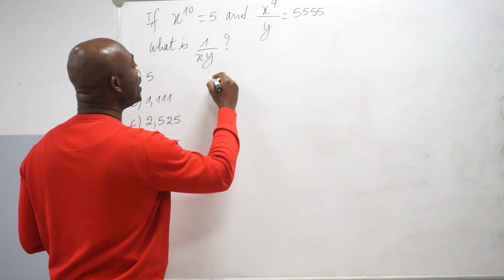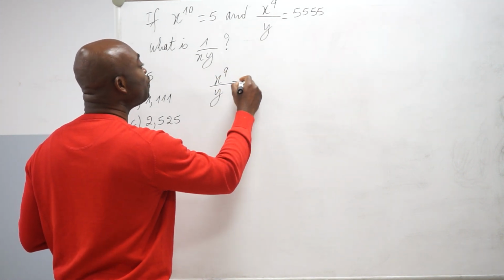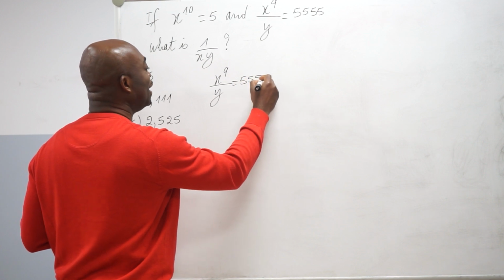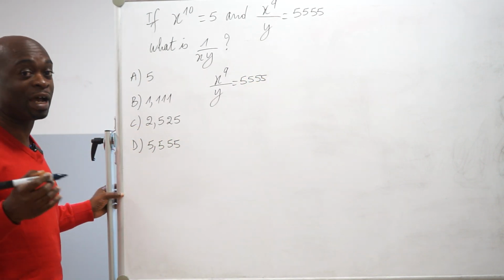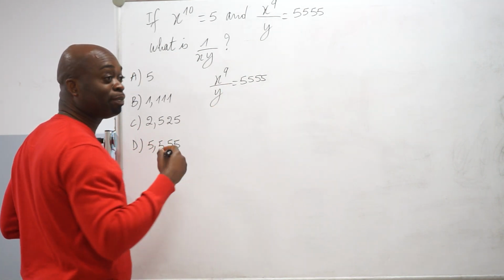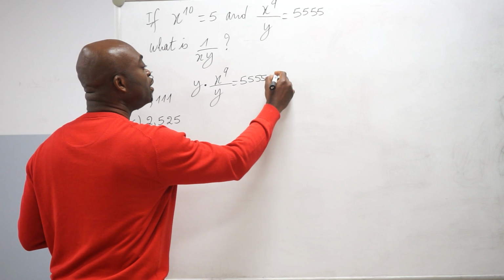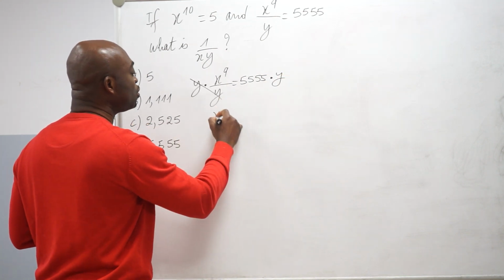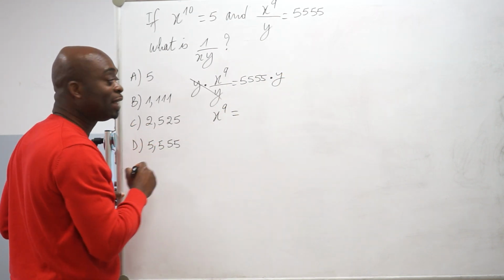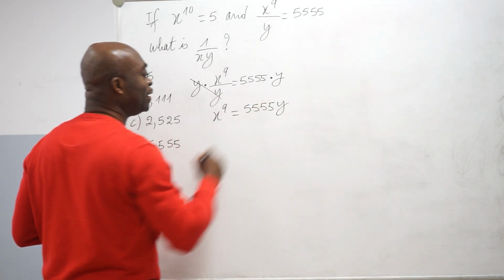So what we can do is, we have x^9 over y equals 5555. To solve for y, we can have multiple ways of doing that. We can cross multiply. We can multiply both sides by y in order to cancel this one. So we end up with x^9 equals 5555y, okay?